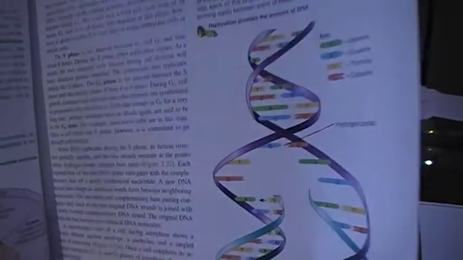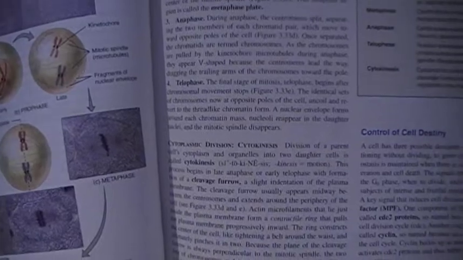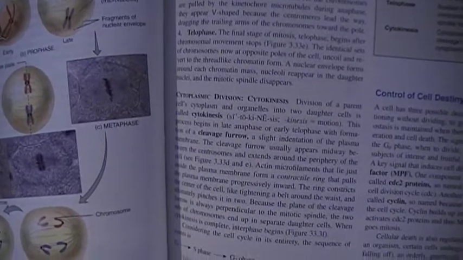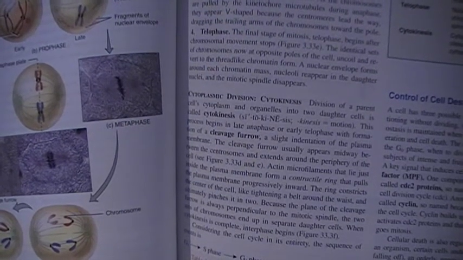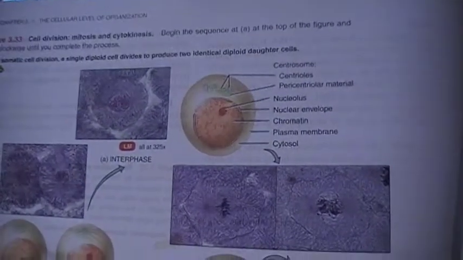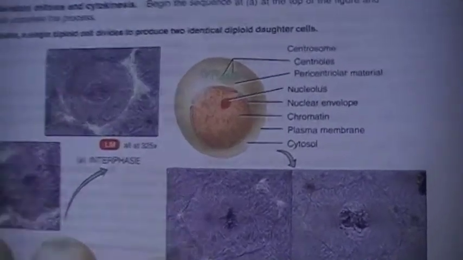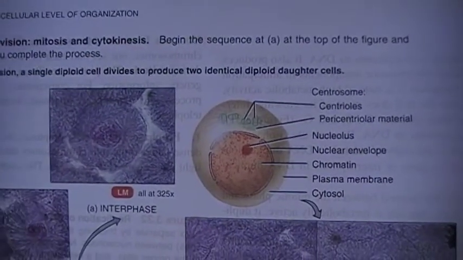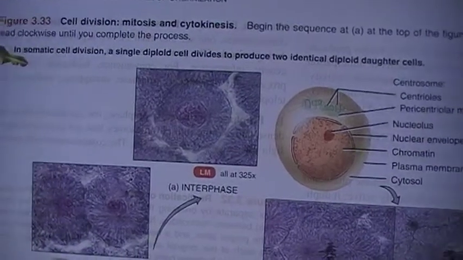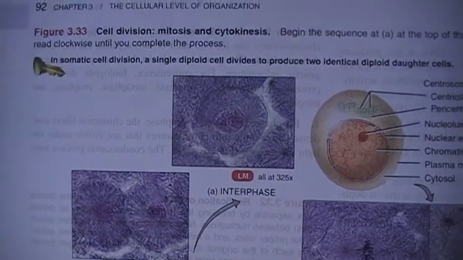So now we're starting mitosis here, whereas this is mitosis and cytokinesis. So mitosis and cytokinesis are in somatic cell division.